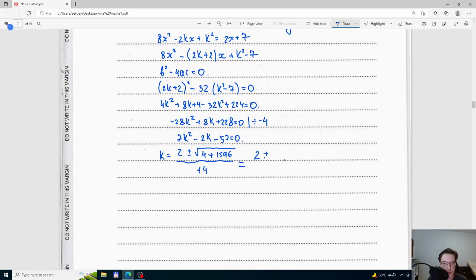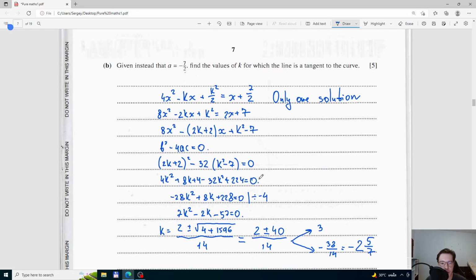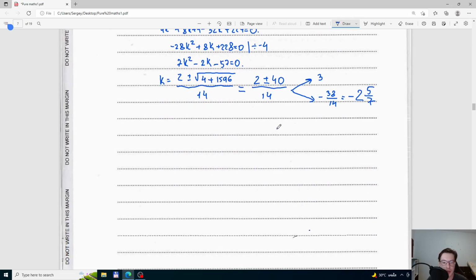So I got 2 plus or minus 40 over 14. Now, if I take it with the plus sign, I'll get 3, and with the minus, that's going to be minus 38 over 14, which is minus 2 and 5 over 7. So these are my values for k. Is that what I'm looking for? Find the values of k, yes. Okay, I will just state it as my answer.